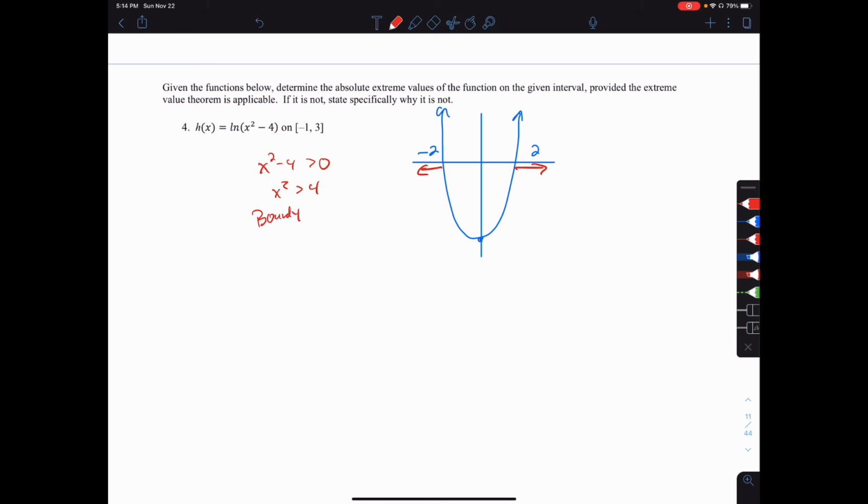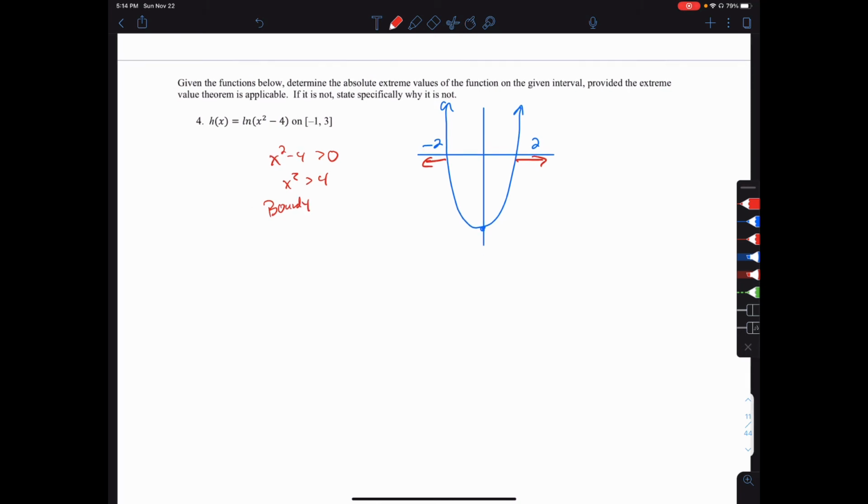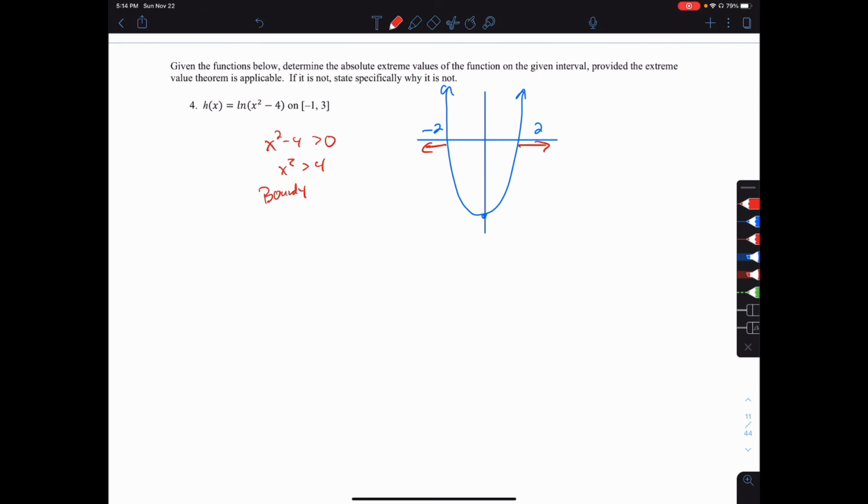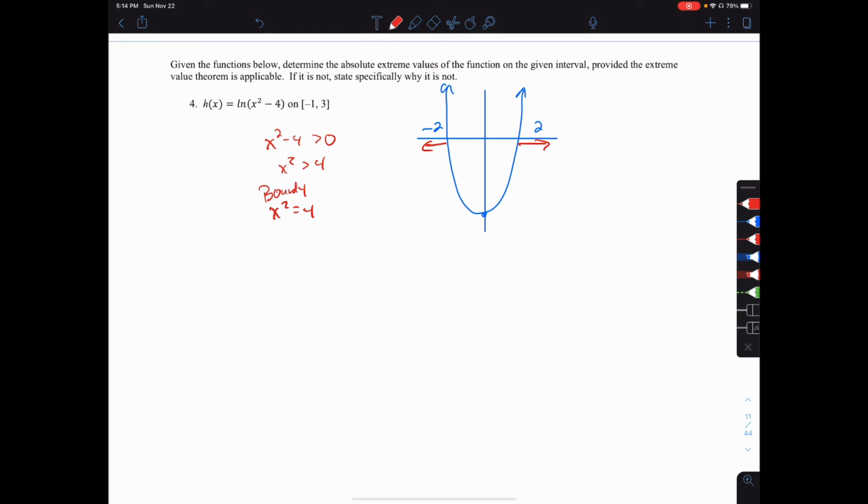That makes sense? Let me go back to the boundary thing, and then we're going to try to figure out how this is going to work. According to the boundary, if we take x squared equal to 4, that's just the parabola, we would get x is plus or minus 2.